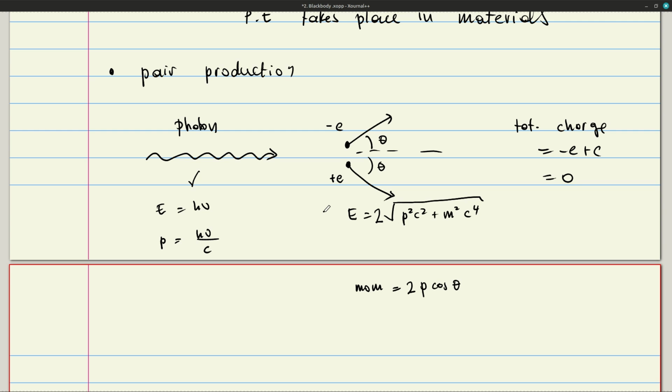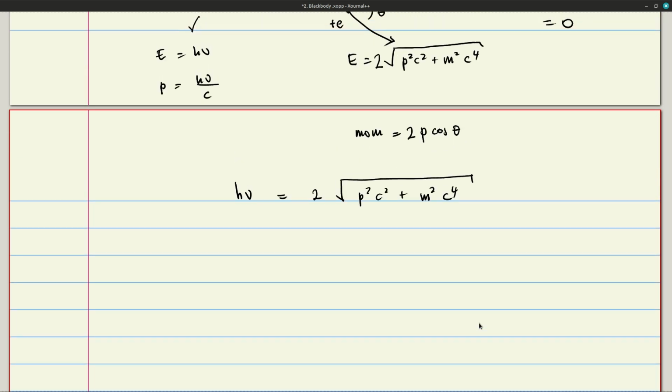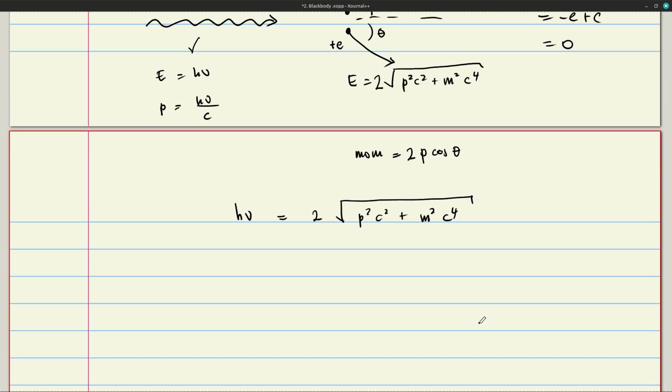Okay, so basically we are going to use these equations. The first one is h nu should be equal to 2 times, let me write it as I wrote above, p squared c squared plus m squared c to the fourth. So this is the energy conservation.